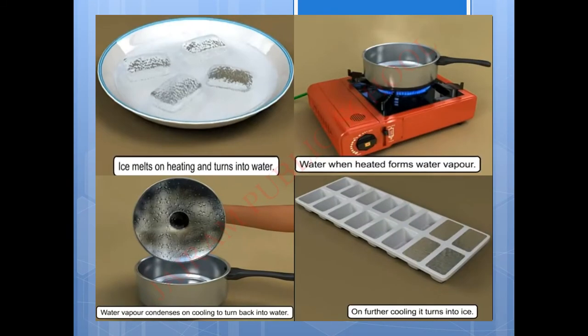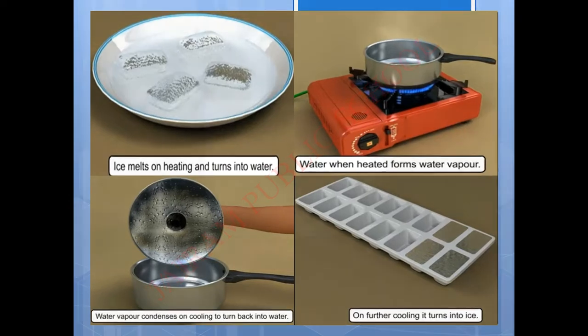Here, when the ice melts on heating, it turns into water. When the water is heated, it forms water vapor. Water vapor condenses on cooling to turn back into water. On further cooling, it turns into ice.